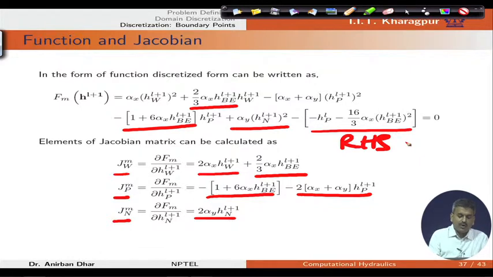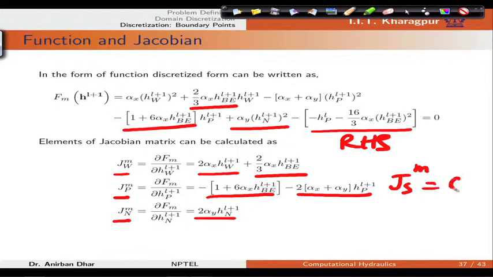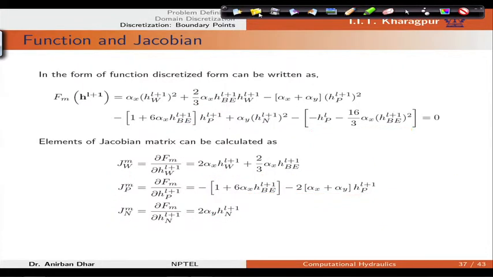Now, we do not have any J S m that is 0, and we do not have any J E, 0. So, these two terms are 0 terms.